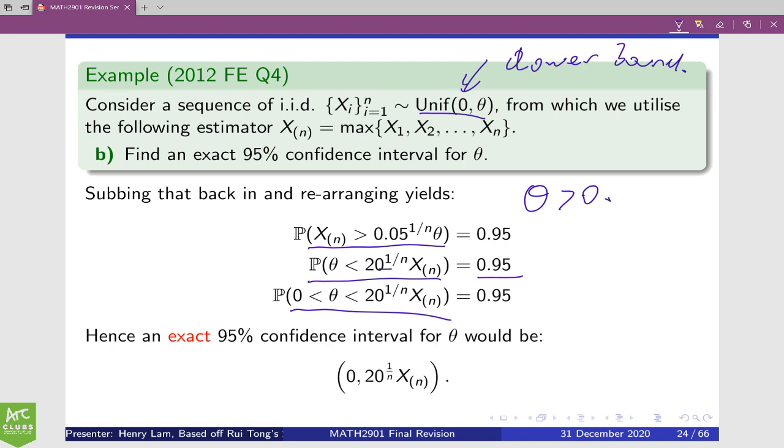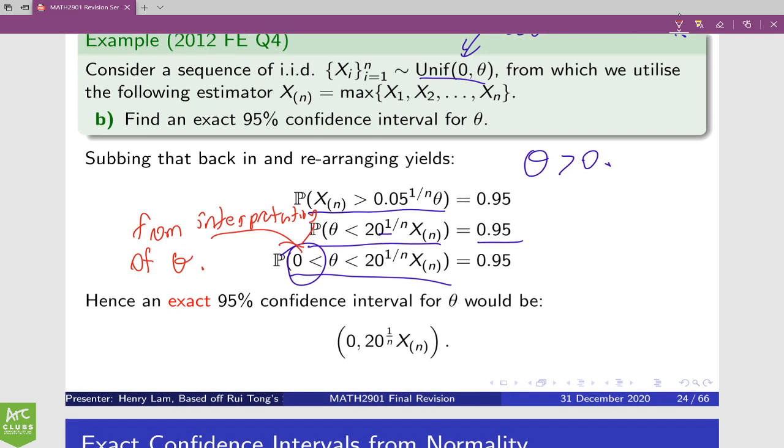That's where this 0 shenanigans pops up from, the interpretation of theta. Upper bound must be greater than lower bound.